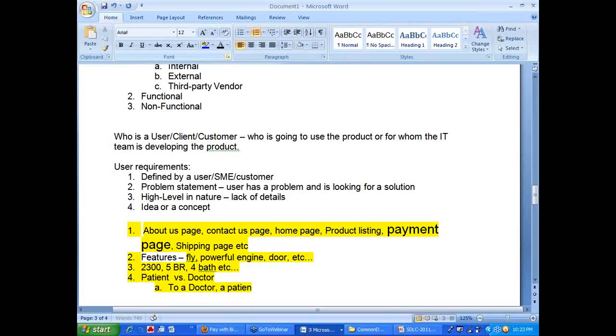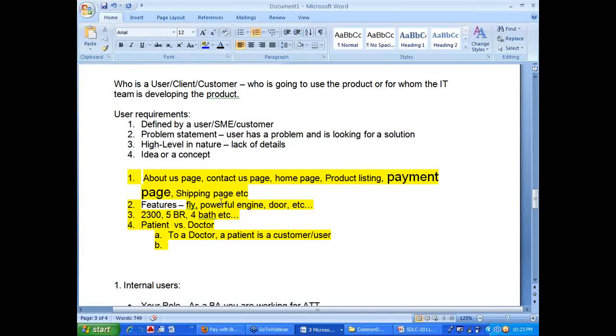A patient is a customer, one who uses the doctor's service. The patient goes to a doctor and defines a problem: Sir, I have a fever. High level in nature, defined by the customer, it's a problem. Sometimes it's an idea or a concept. Many times it's just a problem that a user has and is looking for a solution.